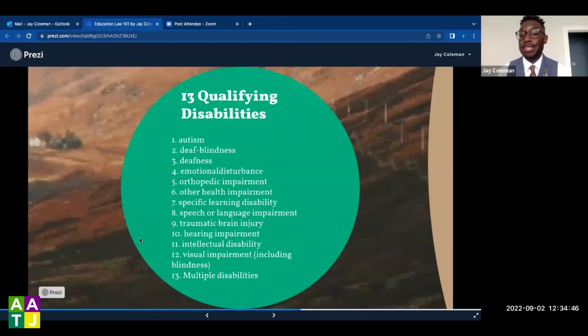You might have an intellectual disability, or a visual impairment, which includes blindness, but not necessarily just being blind. Or you may have multiple disabilities from this list that together will impede your child's ability to learn, and so they will qualify for an IEP. All right.